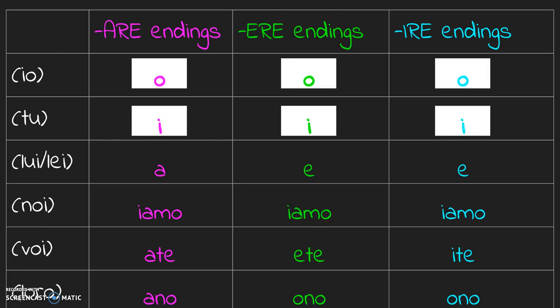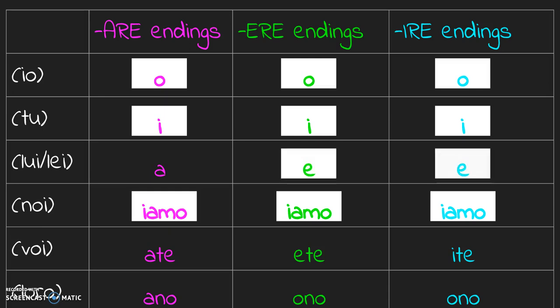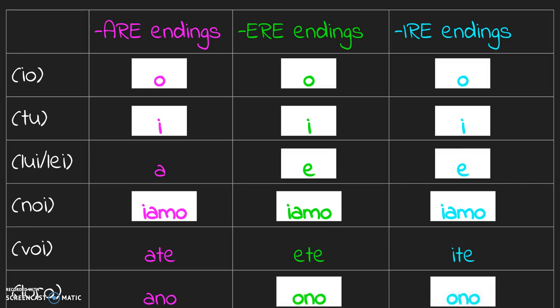And when you are referring to us, noi, the verb will always end in iamo. For ere and ire verbs, the lui and lei form ends in e, and the loro form ends in ono. So there are lots of similarities that will help you.